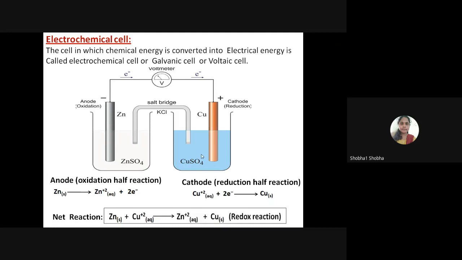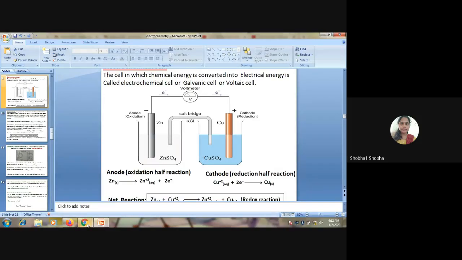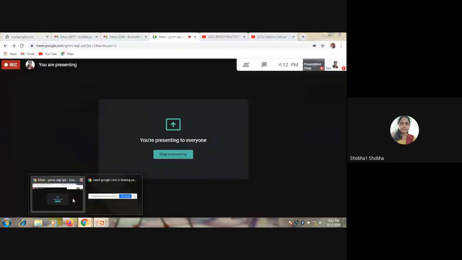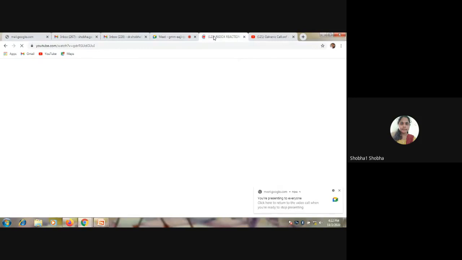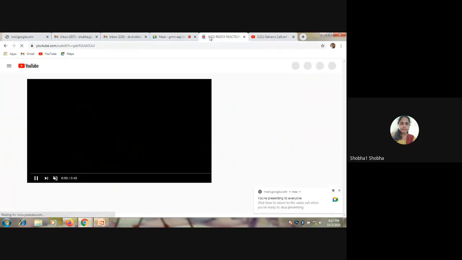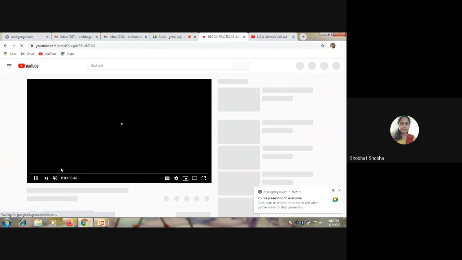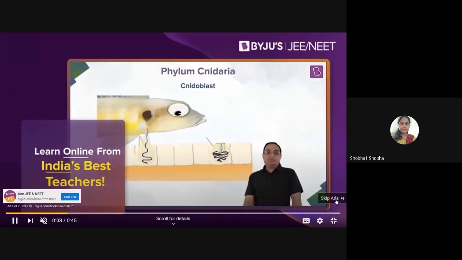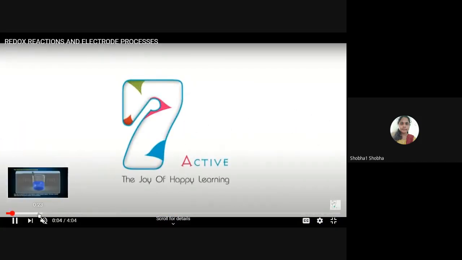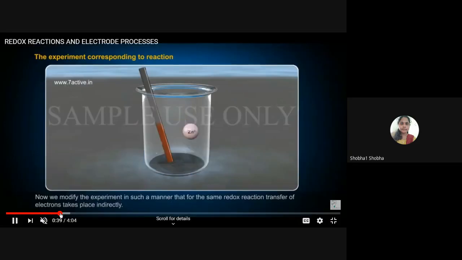The same working of this cell you can find more clearly in this. Please make a note. Look at this redox reaction; I have taken it from YouTube just to understand more clearly. Here, the zinc rod and copper rod are dipped.